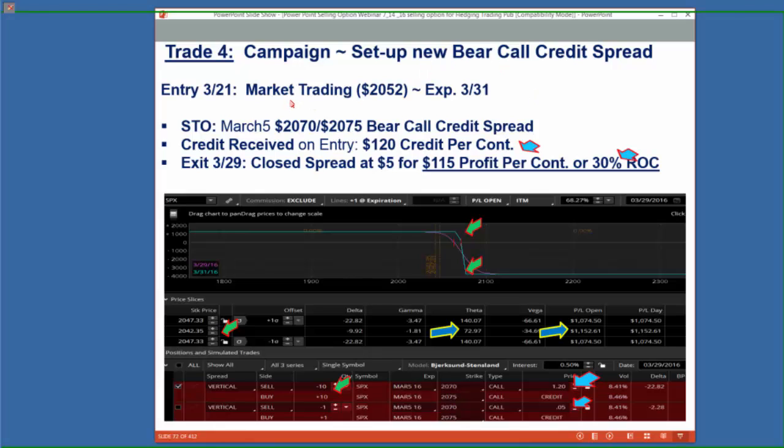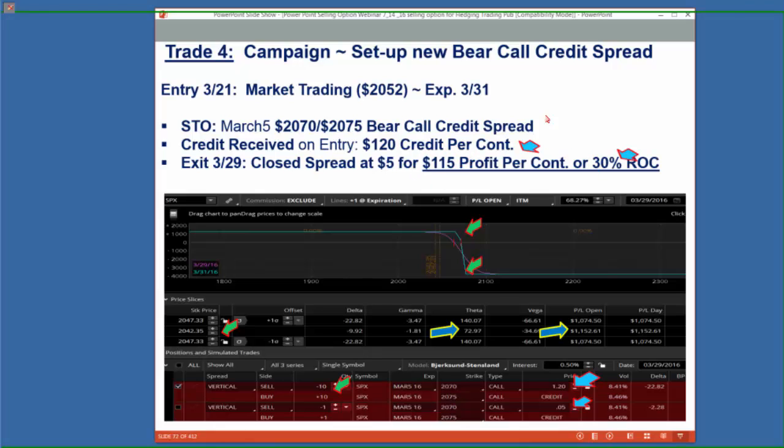So the market was trading at 2052 then. So set the 2070 short, 2075 bear call credit spread, and this one brought in $120. The market finally did roll over hard, closed that out on the 29th, bought it back for $5, so made $115 there, 30% return. So that combination, I call it kind of a campaign.